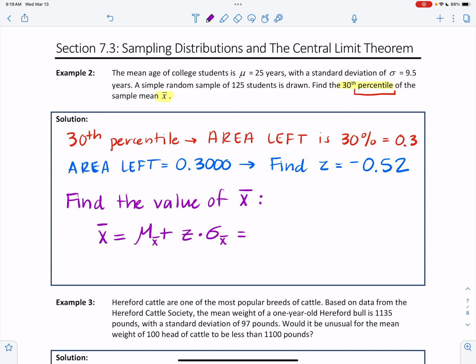So in this case, the mean doesn't change, so 25 plus the z-score that we just found, and I want to multiply that by the standard deviation. But because we're dealing with sample means, we've got to make sure that we use the correct standard deviation, which is actually sigma divided by the square root of n.